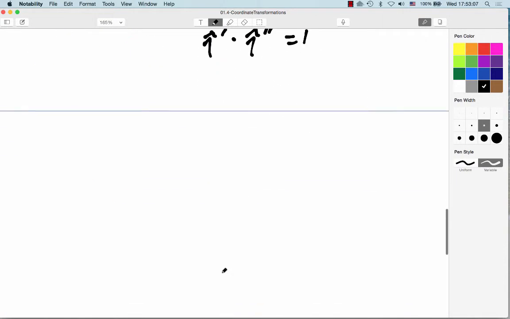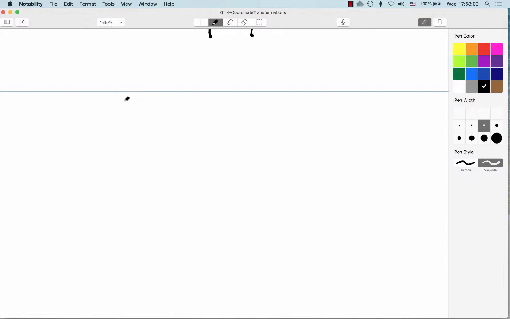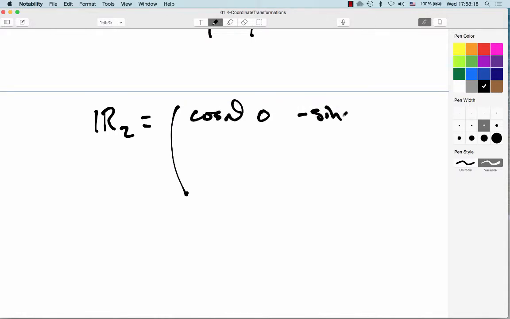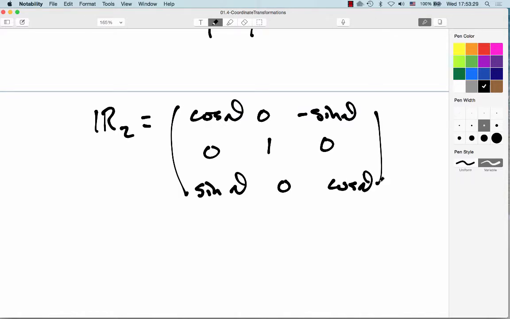So that gives me a rotation matrix, we'll call that R2. That's equal to cosine theta, 0, minus sine theta; 0, 1, 0; sine theta, 0, cosine theta.